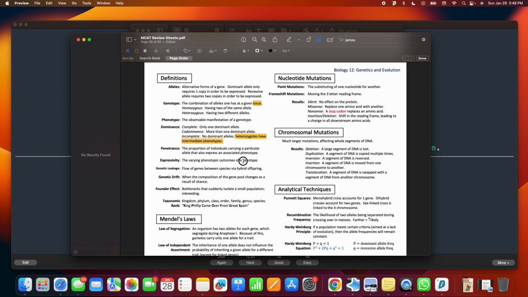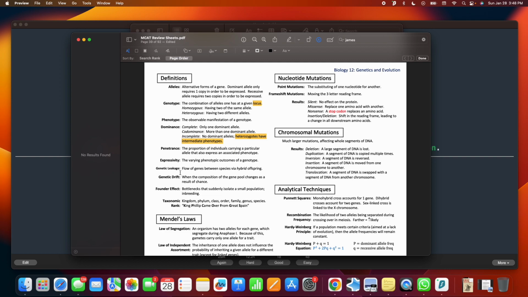So one genotype, for example, a heterozygous genotype, is giving you varying phenotypic outcomes. Some of them are orange, some of them are, I don't know, a shade of light red, a shade of dark yellow, stuff like that.